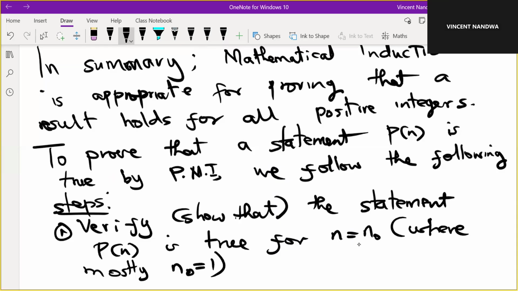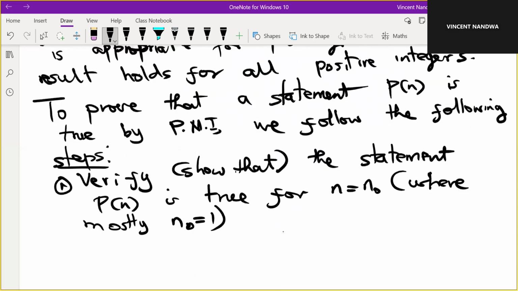But I'm just writing this so that you clearly know that it does not always mean that step 1 must be n equals 1, because when the question restricts that show the result is true for, say, all integers n greater than or equal to 2, then your first step becomes you testing that the statement is true from n equals 2. So this step is called the initial or basis step.